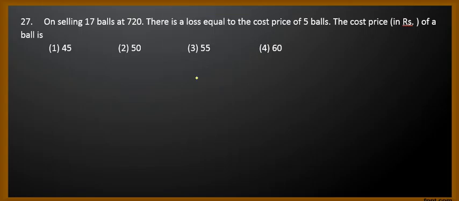Now, on selling 17 balls, there is a loss equal to the cost price of 5 balls. The cost price of the ball is. So, how many balls are sold? 17 balls. We know that selling price is equivalent to cost price minus loss, because you got a loss here.